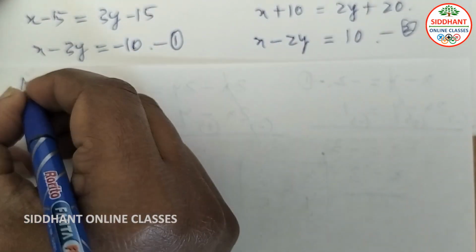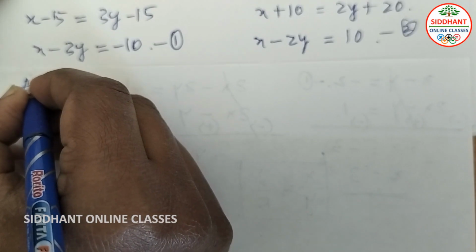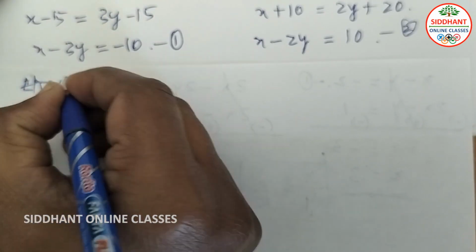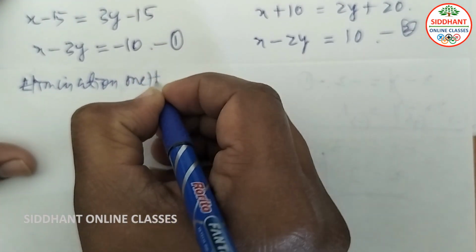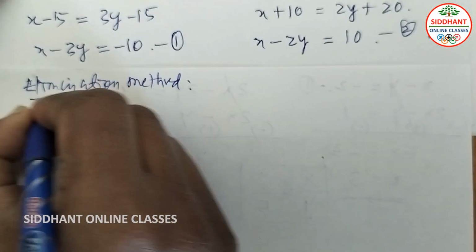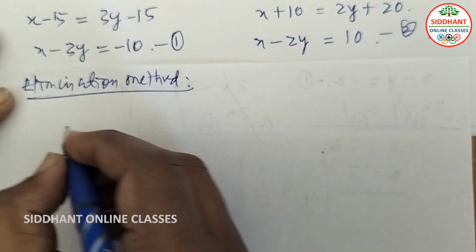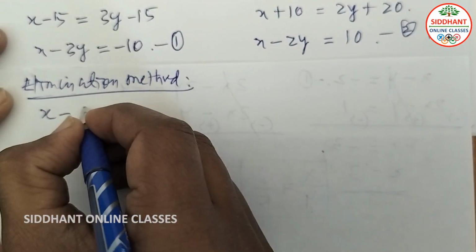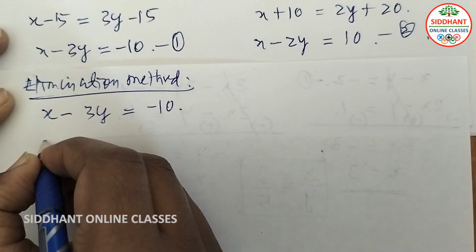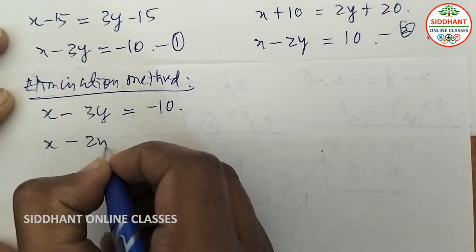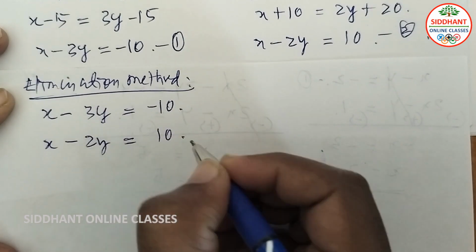Now elimination method, when you are going to see elimination method, two equations have been given, x minus 3y equal to minus 10, and here x minus 2y equal to 10 here.